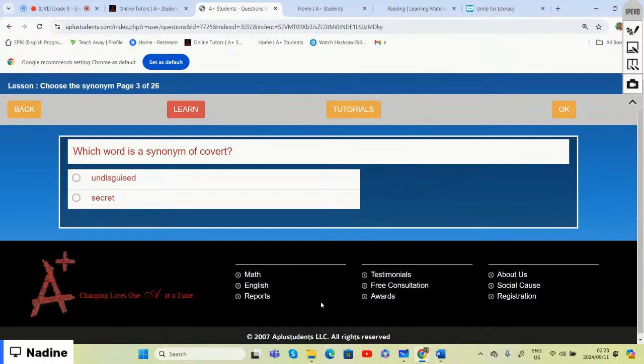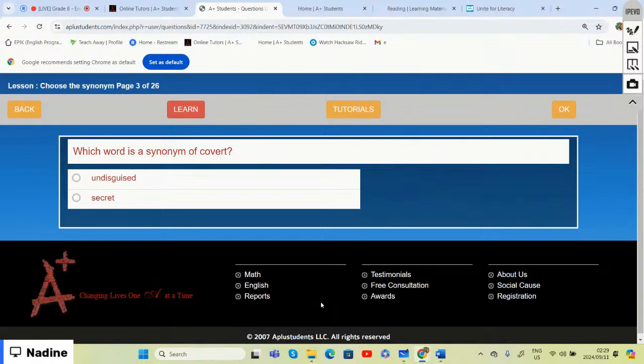All right, then another word, we need to say what is the synonym of covered. Is it undisguised or is it secret? So, covered, what is the synonym of the word covered?